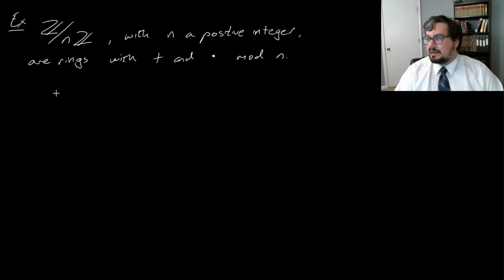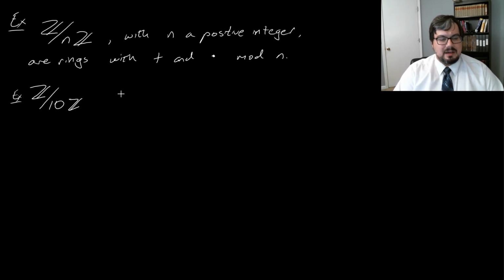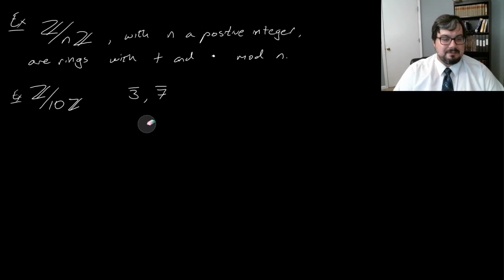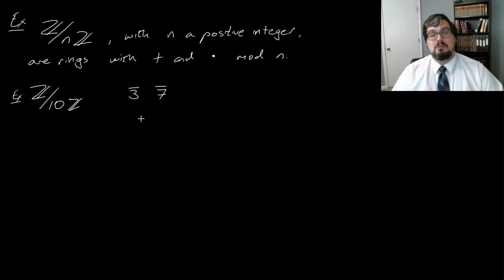So for an example, if I look at Z mod 10Z, I can look at the elements 3 bar and 7 bar, meaning the equivalence classes of 3 and 7 under the equivalence relation of being equivalent modulo 10.